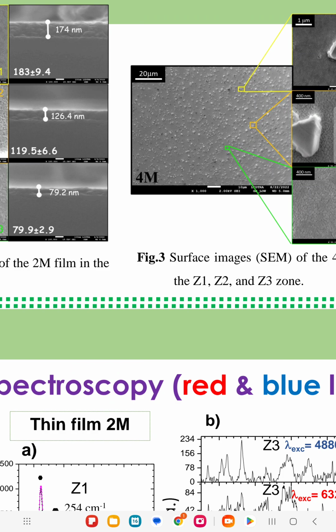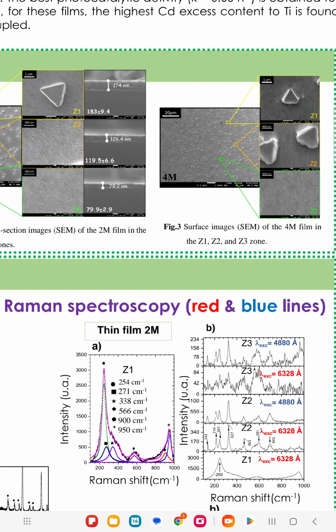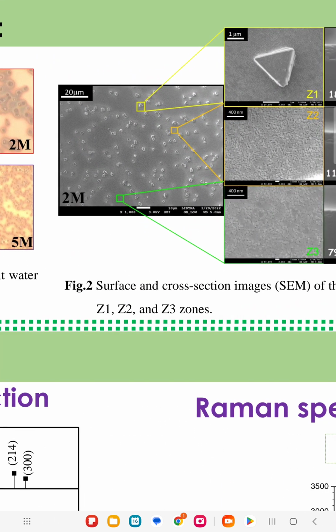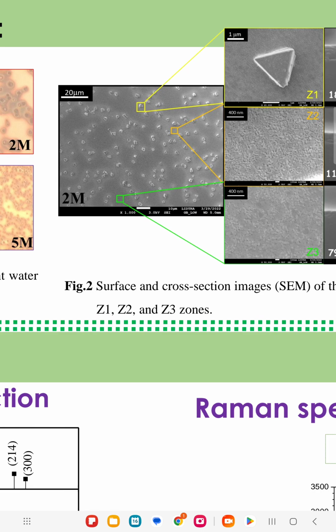So it is expected that this Z2 zone shows more cadmium oxide in comparison with the other films, where we can see very clearly the difference between these three zones.